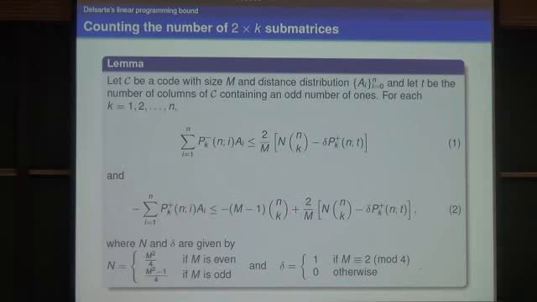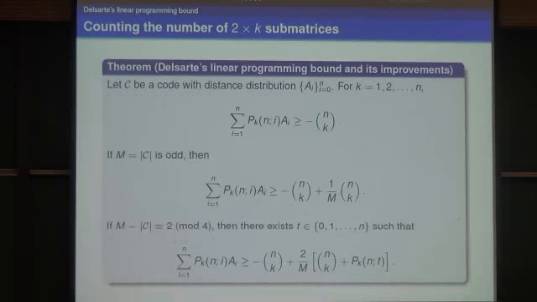If you take the sum of these two, you get the Delsarte linear programming bound. It looks a little bit complicated, but if you try to count, you get the same thing easily, not very difficult. So this is the Delsarte linear programming bound.